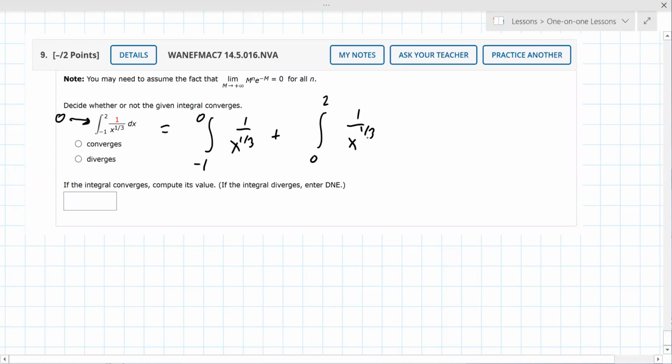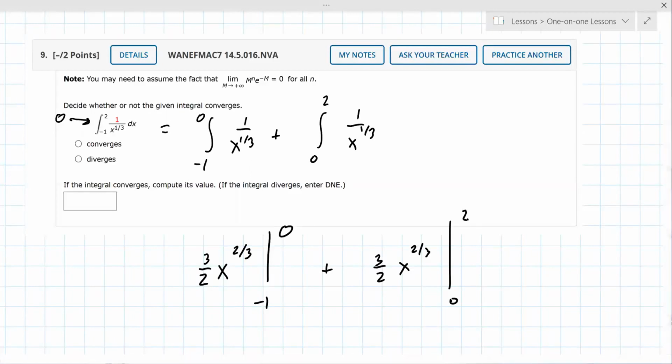And hopefully it works out. Well, it actually does, because the antiderivative is x to the 2/3 times 3/2, and you evaluate that from minus 1 to 0, plus 3/2 x to the 2/3, and you evaluate that from 0 to 2. So you end up getting a value out of this.